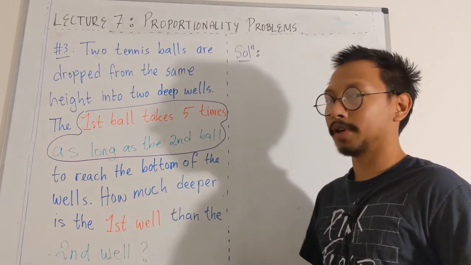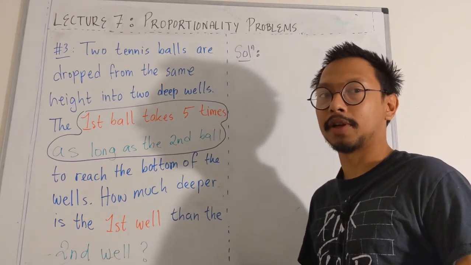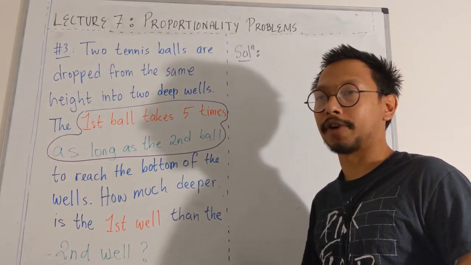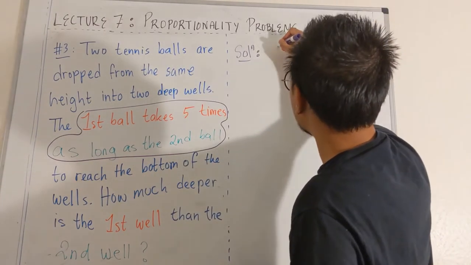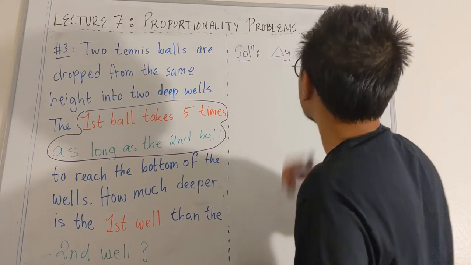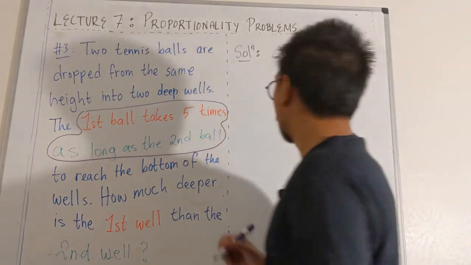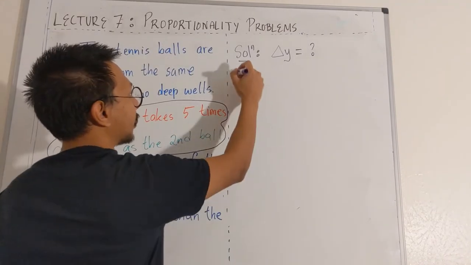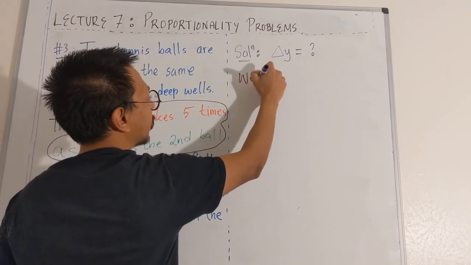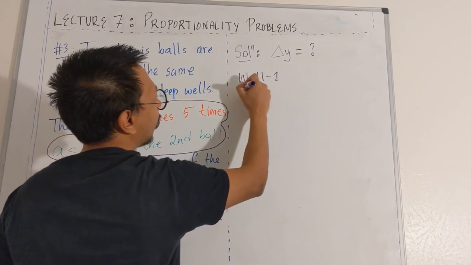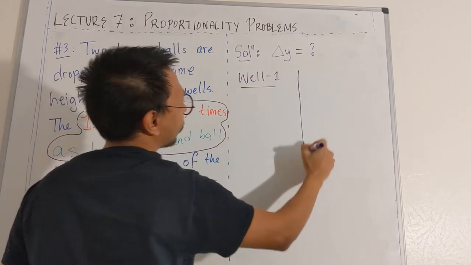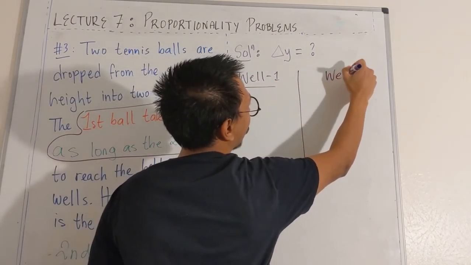So the target variable is some kind of displacement, the displacement that the tennis balls are covering. So our target variable is delta y. Now, what are we given? We are given information about 2 wells. Let's break them down into columns: well 1 and well 2.